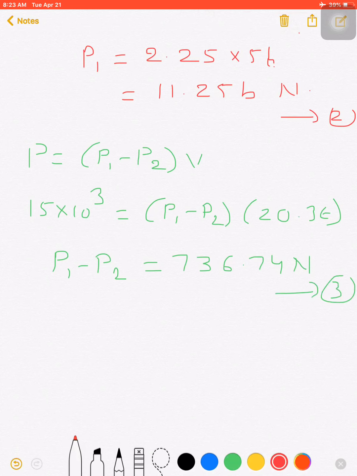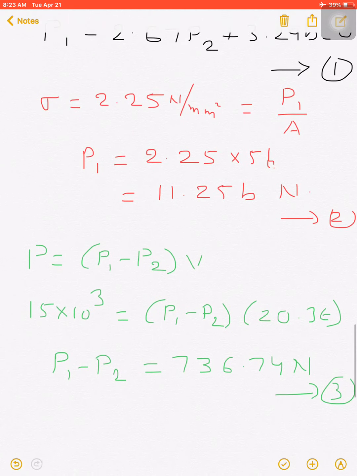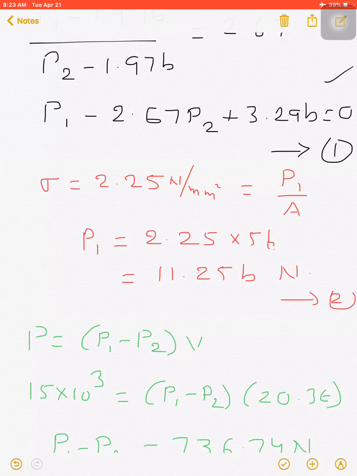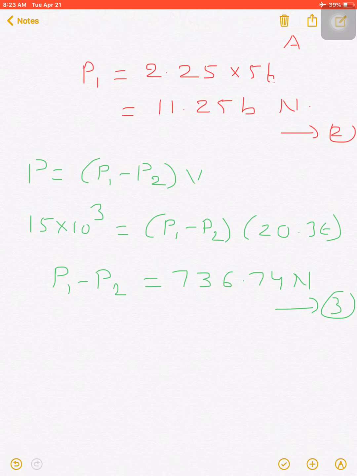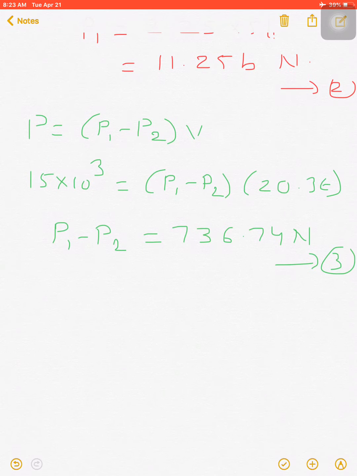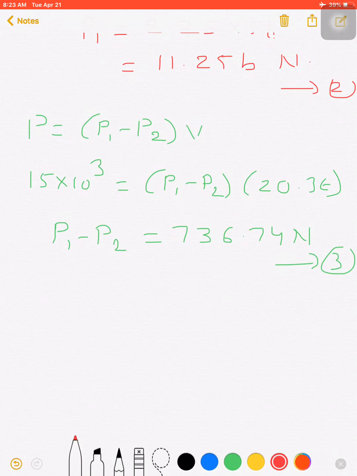Now solve equation number 1, that means P1 minus 2.67 P2 plus 3.29 B is equal to 0. The second equation is 11.25 B is equal to P1. And the third one is P1 minus P2 is equal to 736.74 newtons.